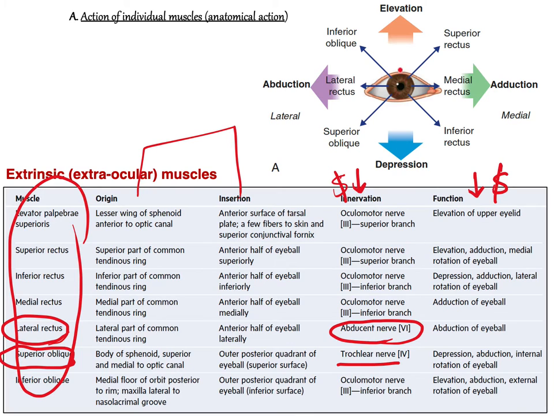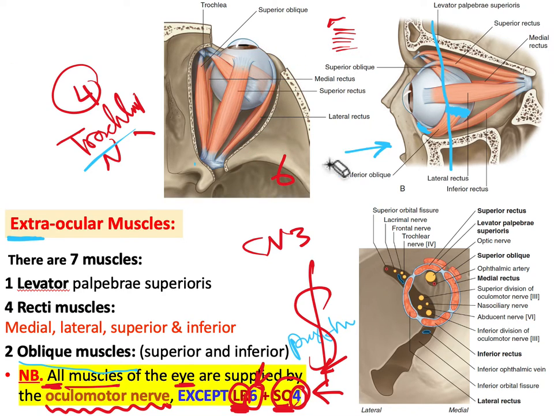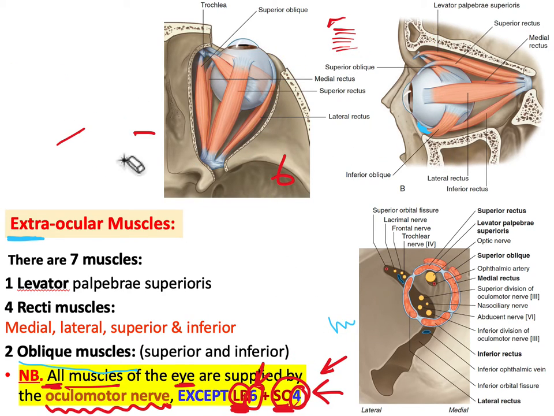The superior rectus moves the eye up. Let me go back here, right? So the superior, forget the levator palpebrae. Here is the superior rectus muscle. Once contracted, it pulls the eyeball up, right?